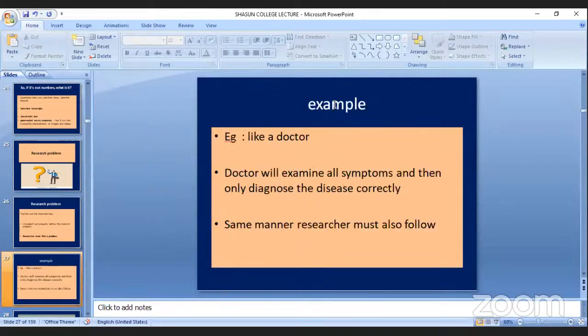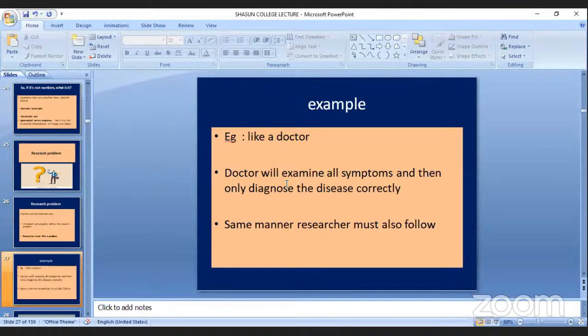Say for example, take the case of a doctor. You go to a doctor and say, doctor, I am having a headache. The doctor will not immediately give a tablet. He will tell you to first go for some X-ray or a CT scan.